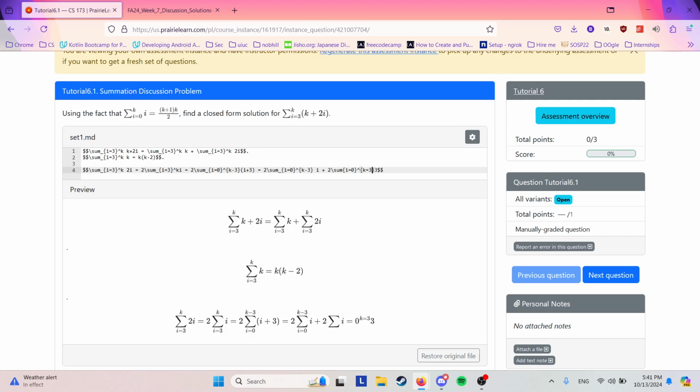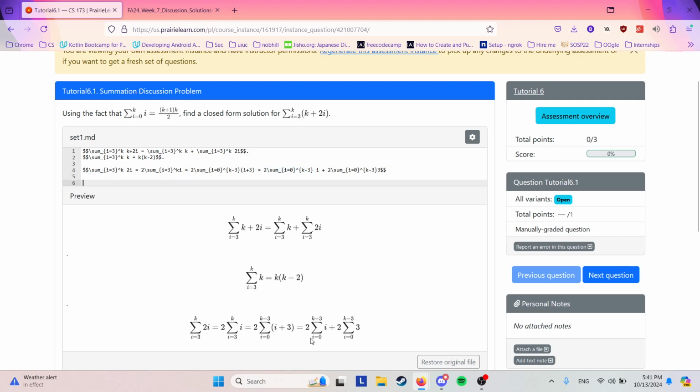My apologies for forgetting the underscores. Now the term on the left we can use the formula that we're given at the beginning, because the form matches exactly what we have up here.